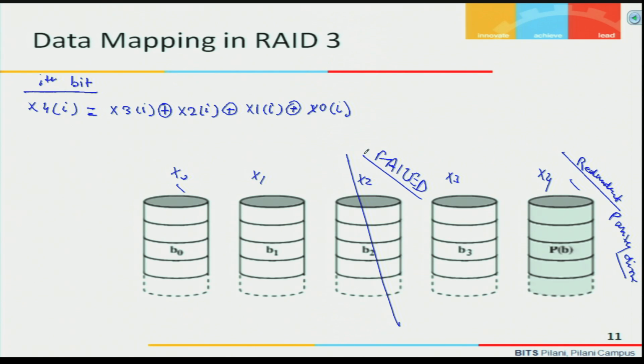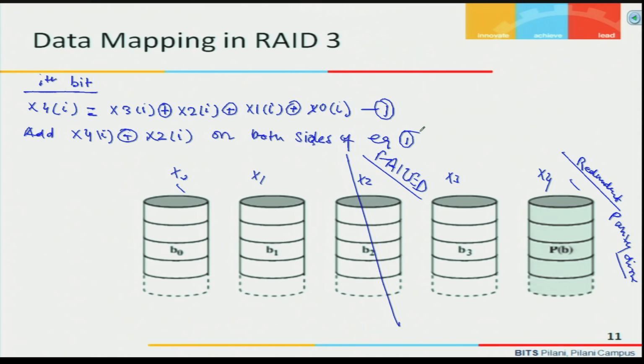For recovering, we add X4 i and X2 i on both sides of equation 1, using the XOR operation.